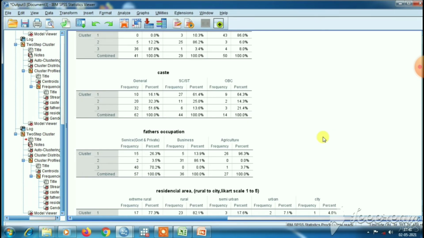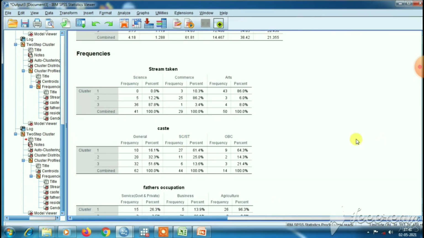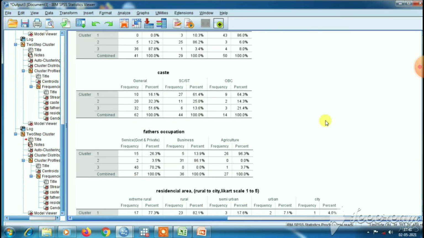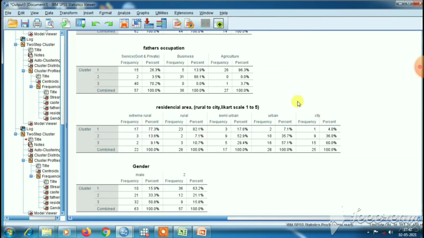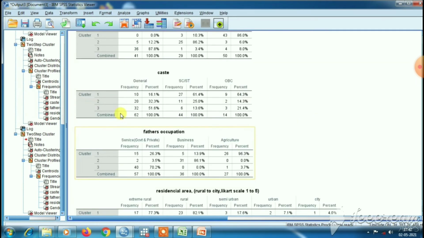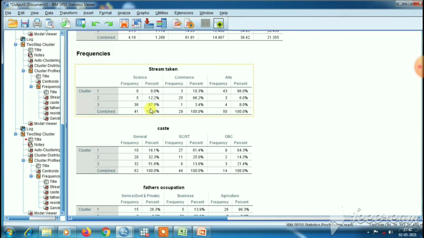Okay, in this way by considering the qualitative variables and quantitative variables, we can explain the cluster analysis: how many clusters are formed and the characteristics of the clusters. For example, cluster 3 is mainly the stream, 87% have taken science in cluster 3. So we can say cluster 3 consists of science students who are opting for science.